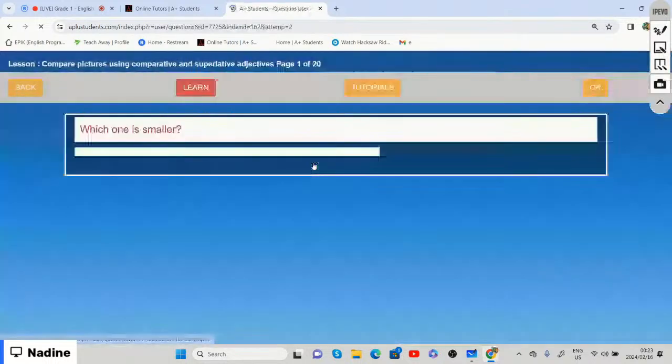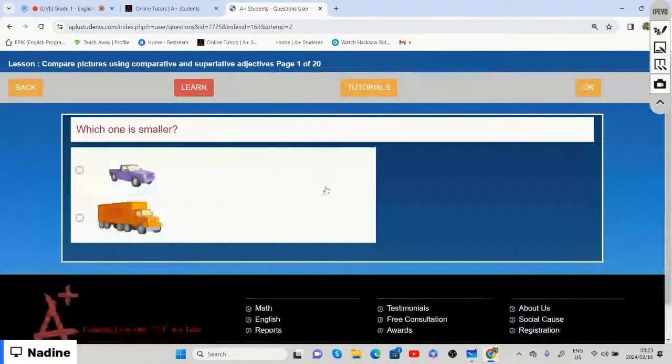So we're going to now compare these pictures. We need to say which one is smaller. Is it A, the purple one, or B, the big orange truck?